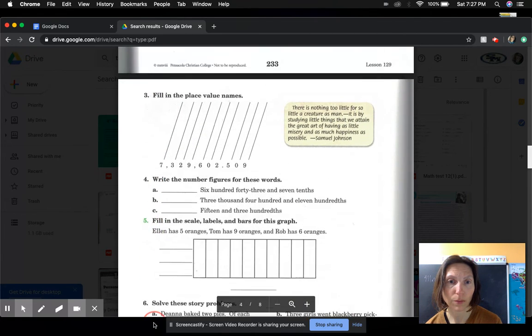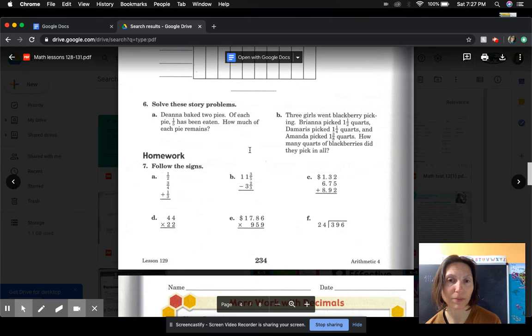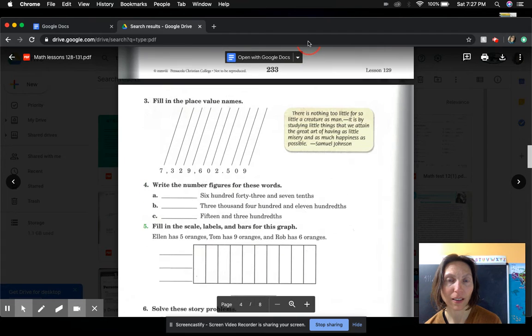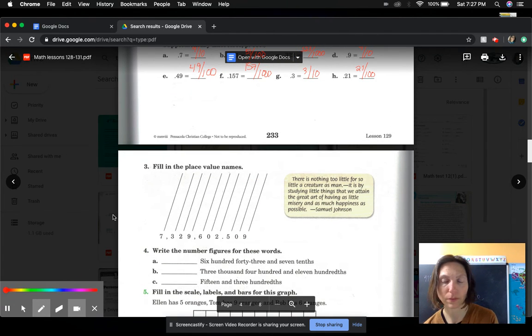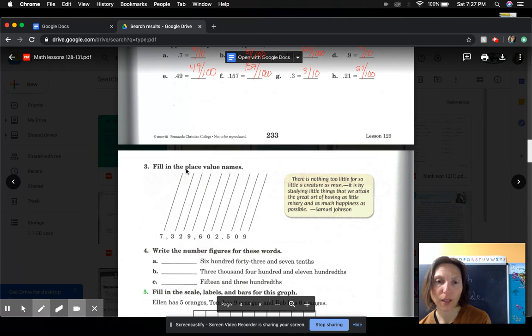So here's to fill in our place value. Okay. So I like to start with the ones. Let's look at our ones place.